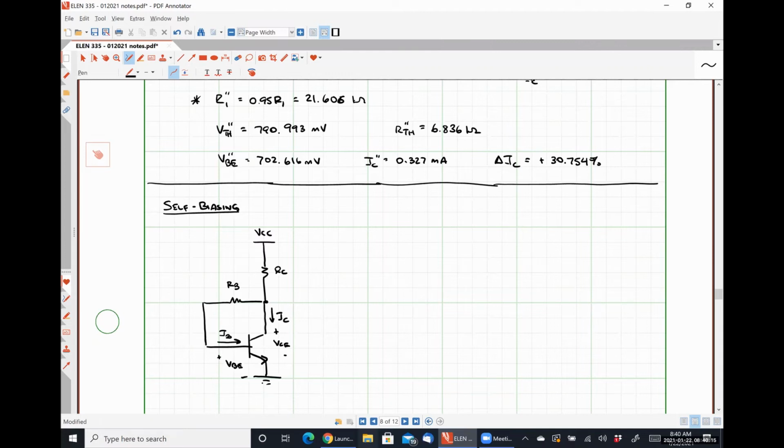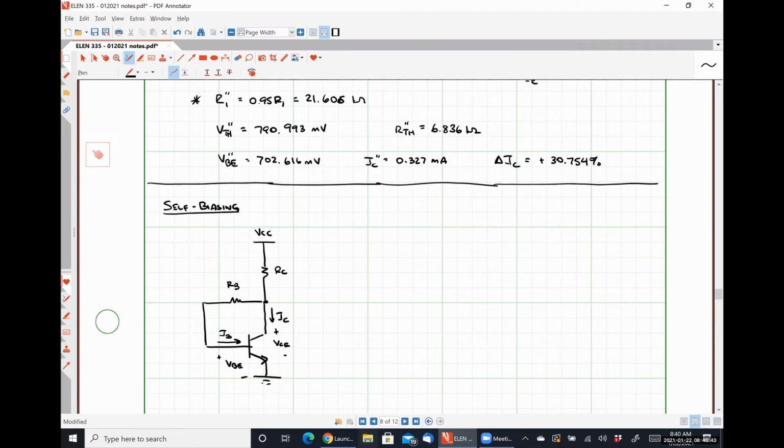I'll give you guys a hint because nobody's saying much of anything. What's the relationship between VCE and VBE going to be? I would argue that they're not going to be the same. If IB is non-zero, they are going to be different values, right? But VBE, by definition, will always be smaller than VCE.